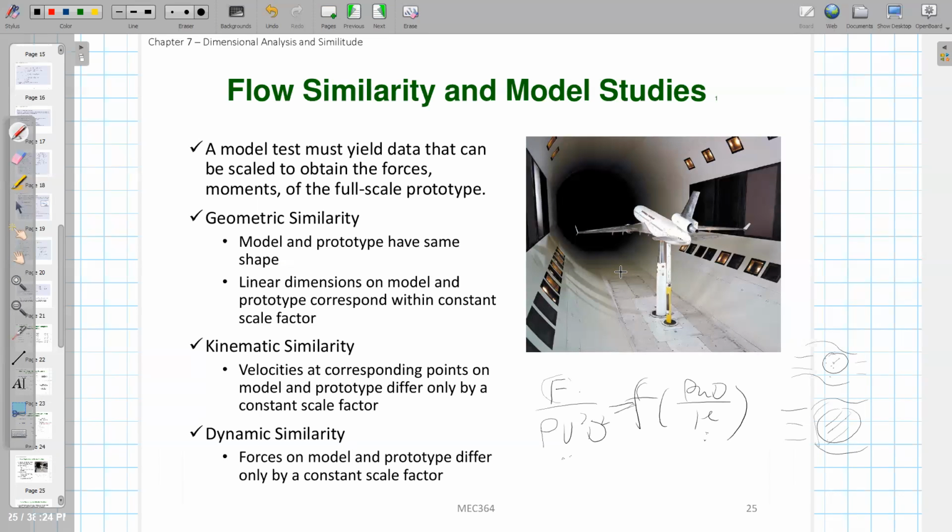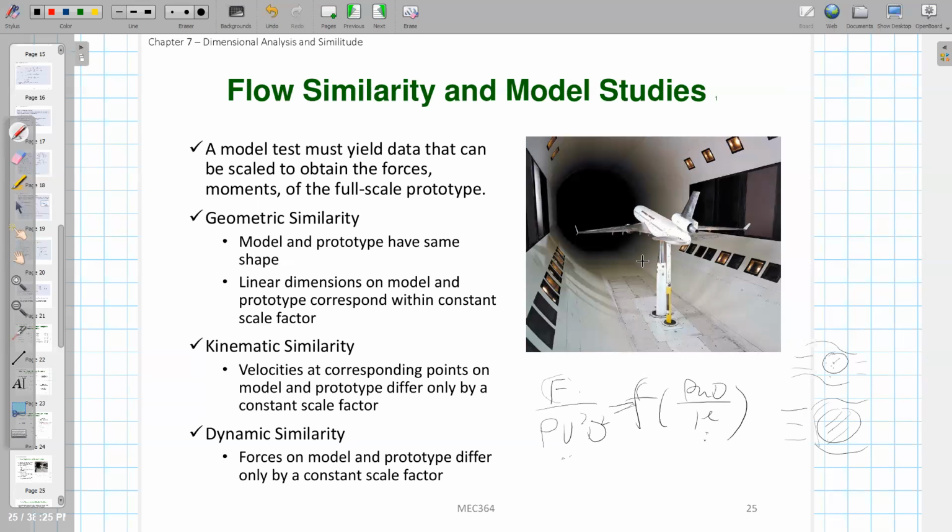To measure the drag force and the lift force on the airplane, we usually shrink the airplane to a small size, which we call the model size, and put a very small model of the airplane into the wind tunnel.